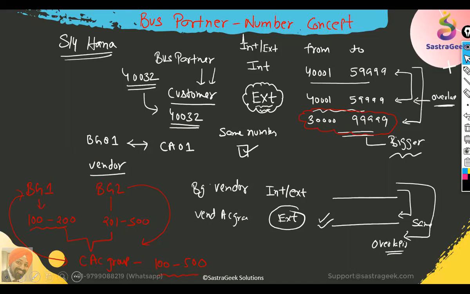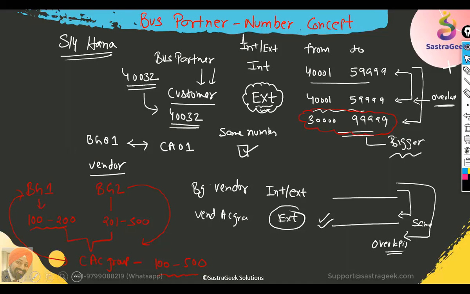So in case of conversion, your customer number ranges are already there, vendor number ranges are already there. There you have more trouble. So in S4 HANA, are customer and vendor always external, irrespective of business partner internal or external? No, not necessary. That's what I'm going to explain in the next slide.